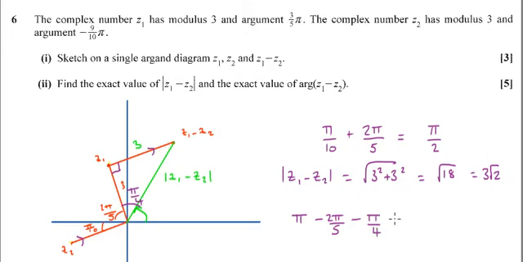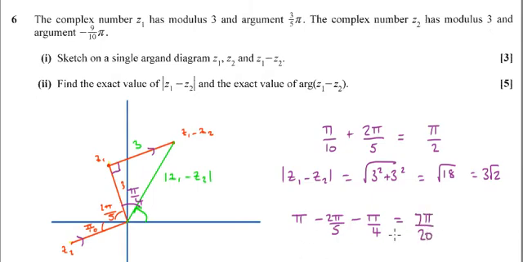So it seems initially like a really tricky question, but if we take those two values away, we get 7 pi over 20.